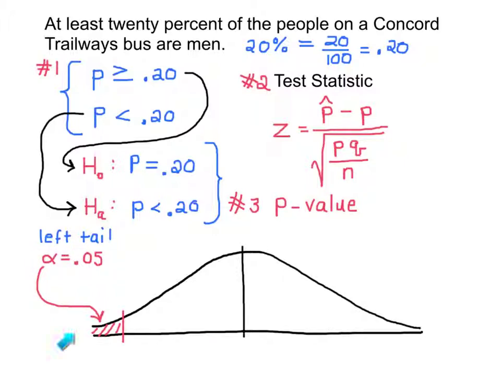If it's a right-tail test, it would be from the right to wherever our z-score falls. In this case, it's a left-tail test, so we're going to find our p-value. It's a probability, the area under the curve, and we can use our calculator.